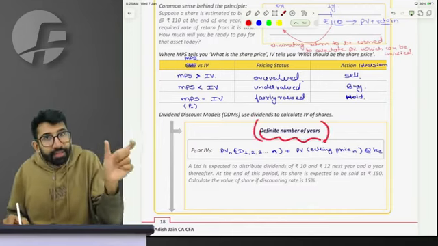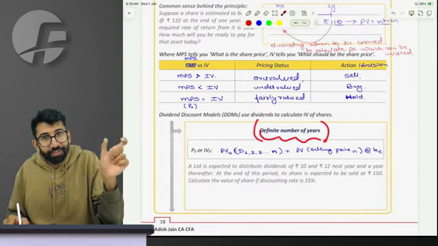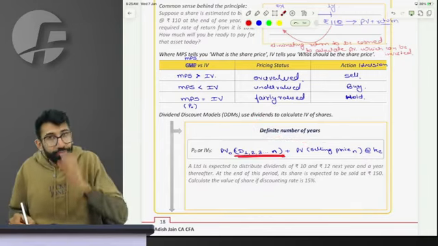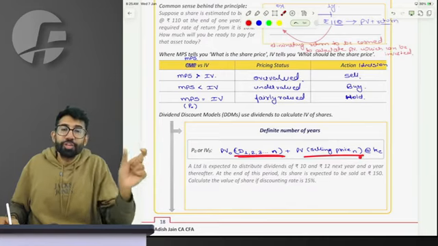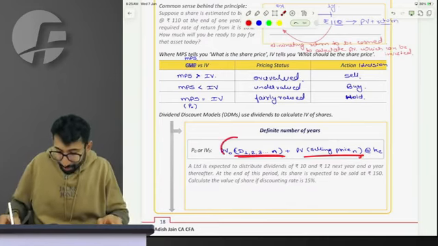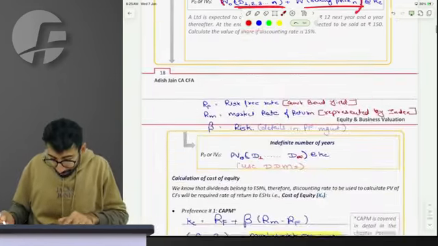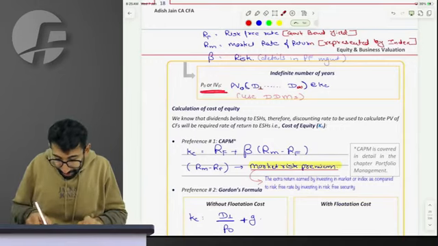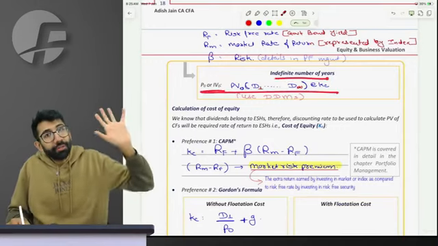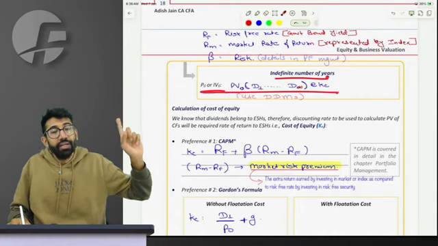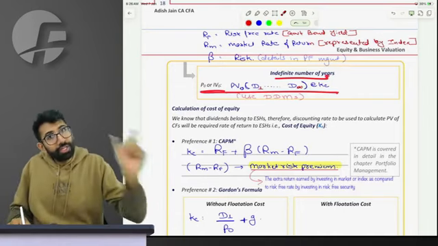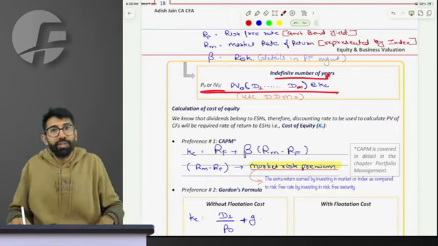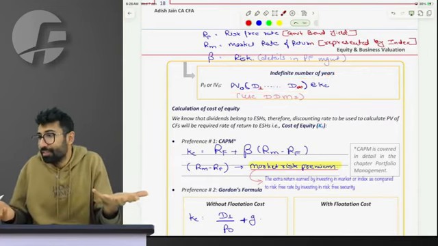For a finite, definite time period, whatever dividends I will receive for my holding period, and the selling price of the share at the end of the holding period, I'll discount all of them. Similarly, if I have an indefinite holding period till infinity, then the present value of all the dividends right from point 0 till infinity will be discounted. Sir, there is no selling price.